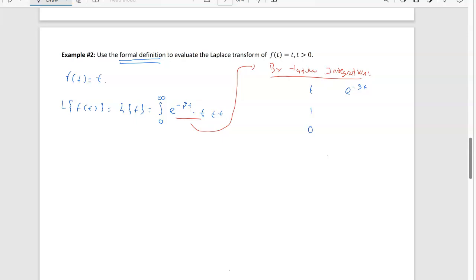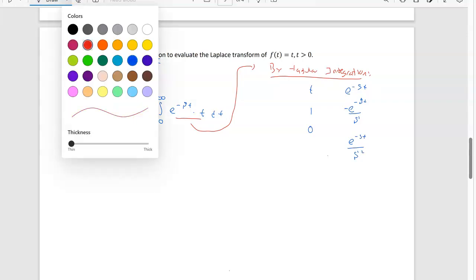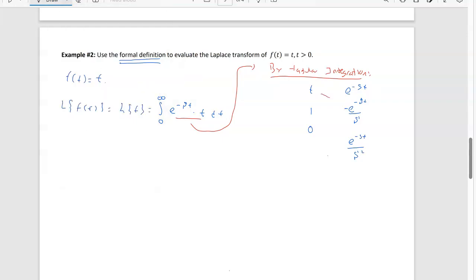Then the first iteration, we get a negative e to the negative st divided by s. And as we do the second iteration, it's going to be positive e to the negative st divided by s squared. Remember that we are pairing them in this format with a plus and minus.